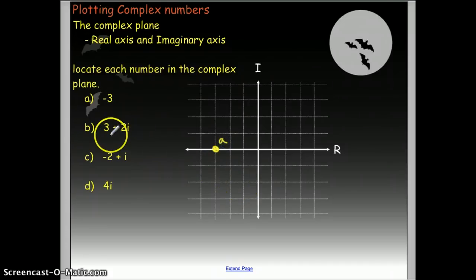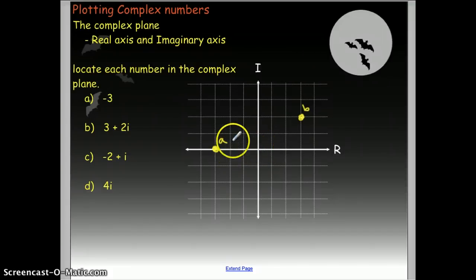3 plus 2i, I'm going to go 3 on the real and 2 on the imaginary. So go over 3 on the real and up 2 on the imaginary, and that's 3 plus 2i. For C, I'm going to go negative 2 on the real and 1 on the imaginary.